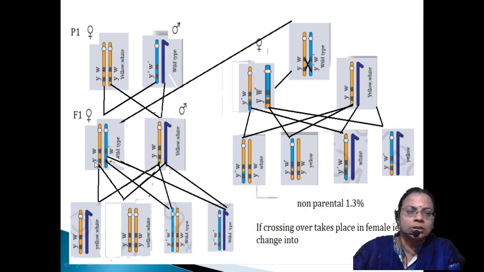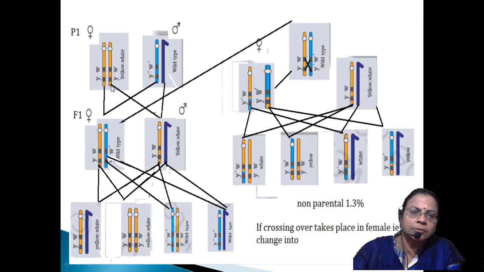On this X chromosome Y and W, and on this one Y plus and W plus. Since both are Y plus and W plus, the phenotypic trait will be brown body, red eye, or we can say wild type. So the F1 offspring will be wild type and female.